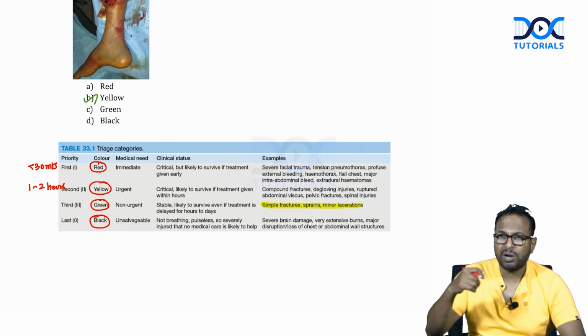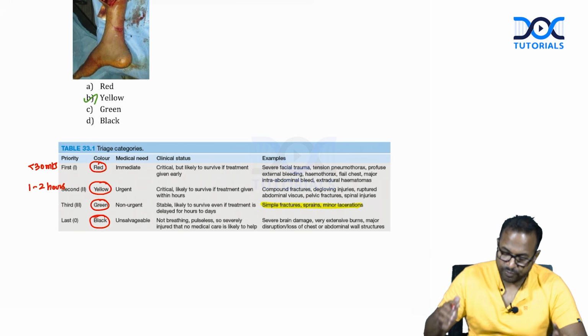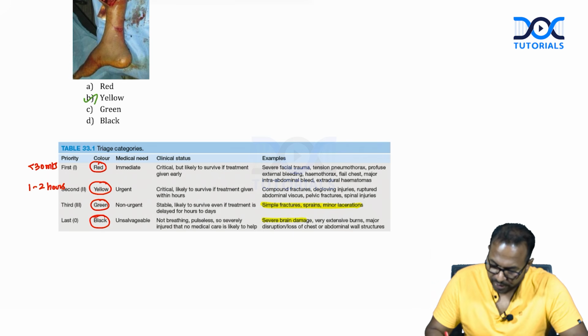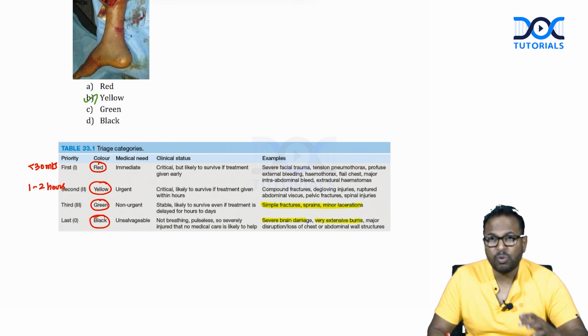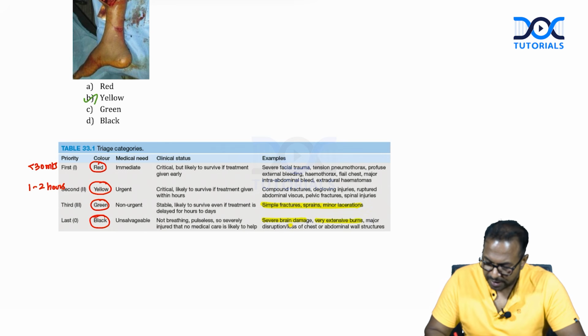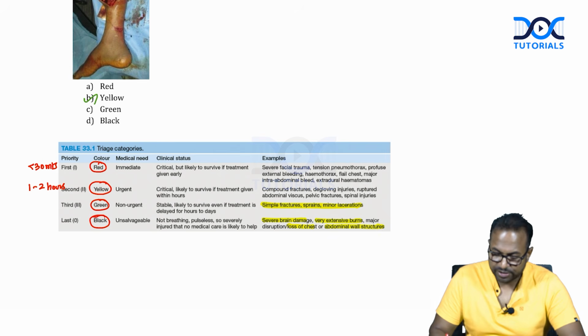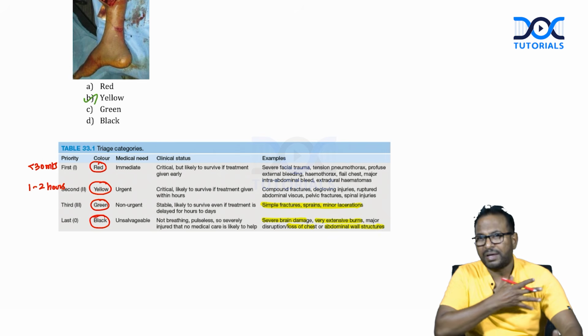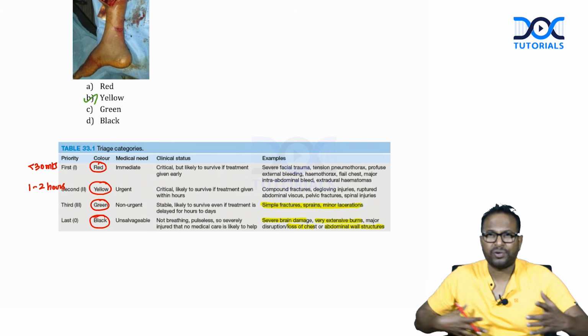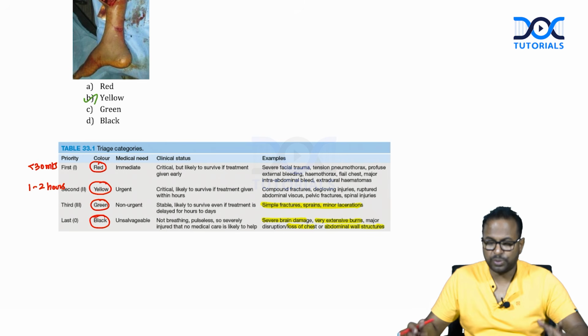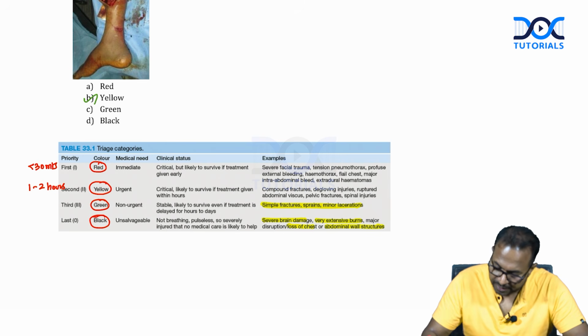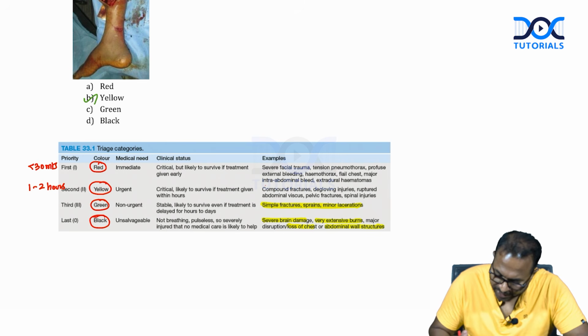We should put a small band-aid and ask them to go to their native place for treatment. Severe brain injury, extensive burns more than 30 or 40%, loss of chest and abdominal wall structures, that is a run over the chest or abdomen, a full crush injury. In such cases we cannot treat. And this case is a case of compound fractures.